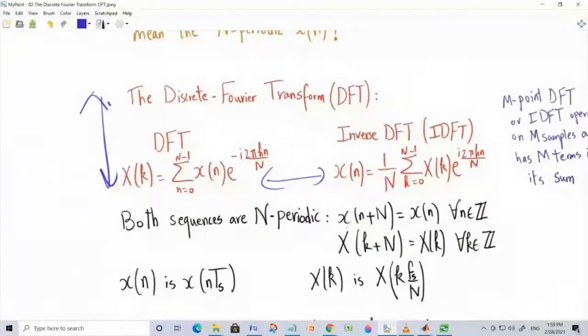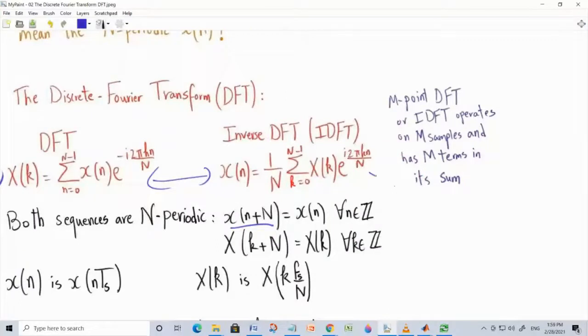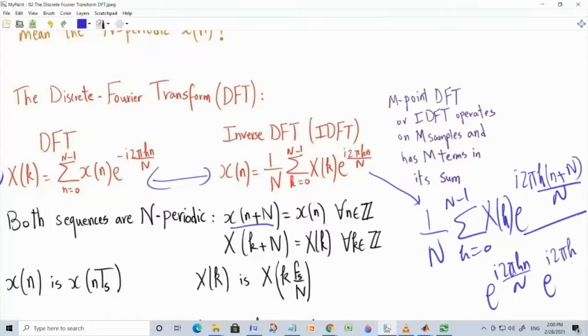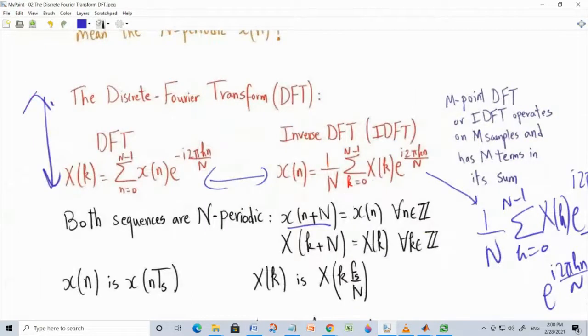You can examine x of n plus big N. You replace small n by small n plus big N, over big N. This exponential is this one, and what is this one? 1, right? So from these formulas there is no way around it, and you can do the same for X of k.